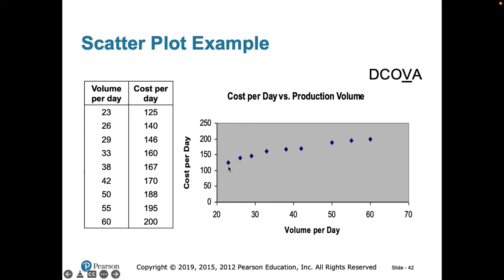And so you put your point there between 23 and 125. The last one, the volume per day is 60, and the cost per day is 200. So you have 60 and 200, and that's how you get your scatter plot, by putting the data where those 2 points meet. Once again, one is on the y-axis, the other one is on the x-axis, and you find your data, and then you put your point there.